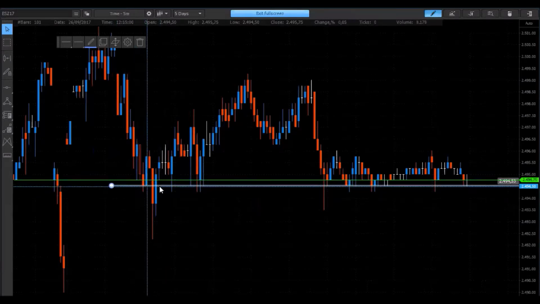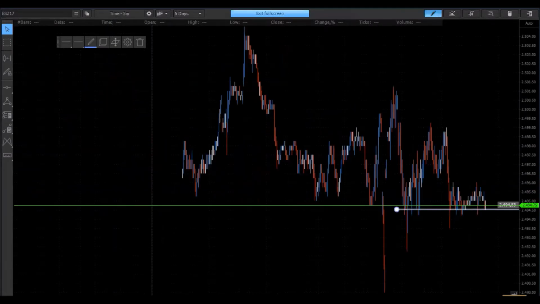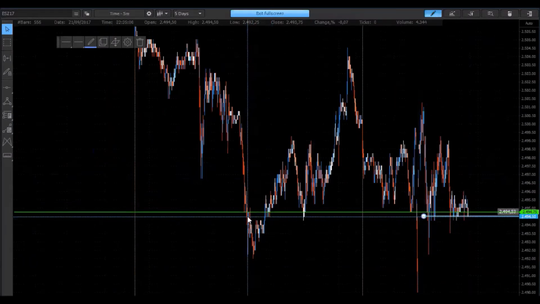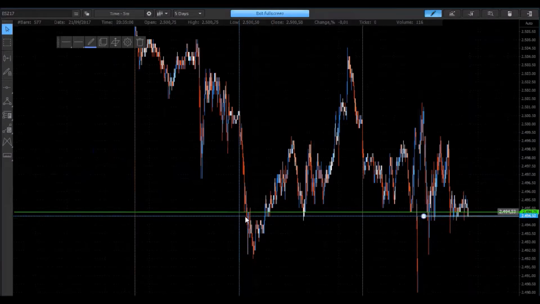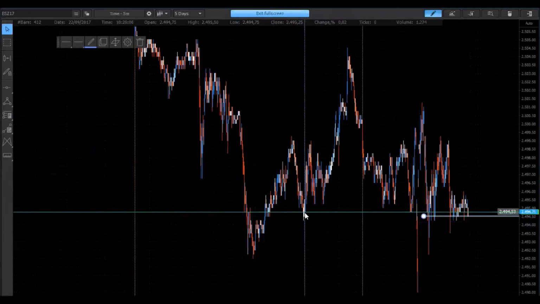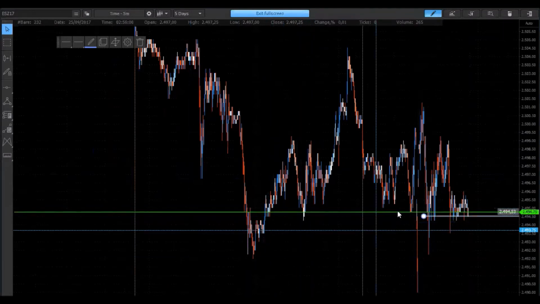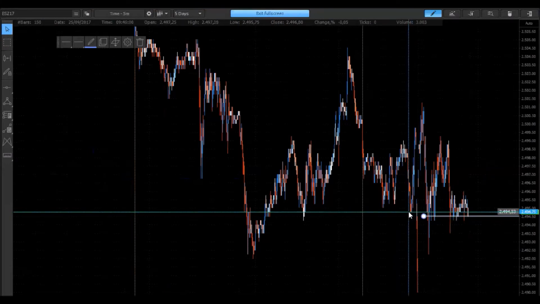And if we zoom out even further, we might be able to see that it acted as a support also on different days. Take a look here. This area here on the 22nd, and then again here on the 22nd, and then on the 25th.